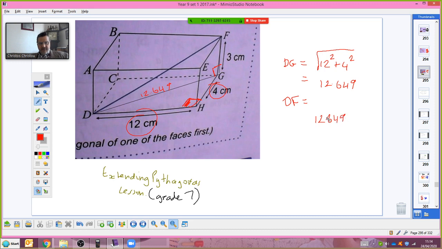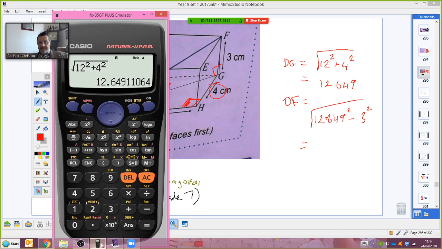12.649 squared, take away the height squared, which is 3 squared, and then you square root it, and now we're going to try and get an answer. I know it's grade 7, let's just square that a little bit. Then we're going to take away 3 squared, get my answer, and now I want to square root. No, it's not that big.